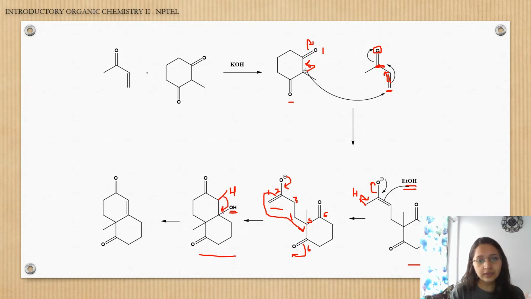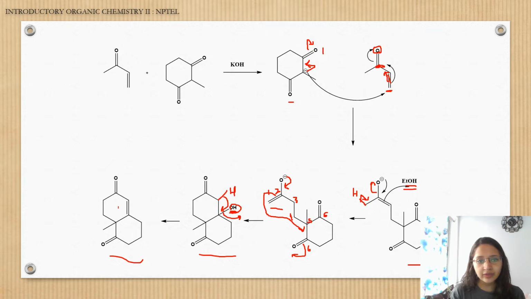It will prefer to stabilize like that only, rather than behaving like an OH at this position. So whenever you have this kind of system, a stabilization will take place by dehydration, and an alpha beta unsaturated system is getting generated. It is preferably getting generated, and that is basically the driving force.